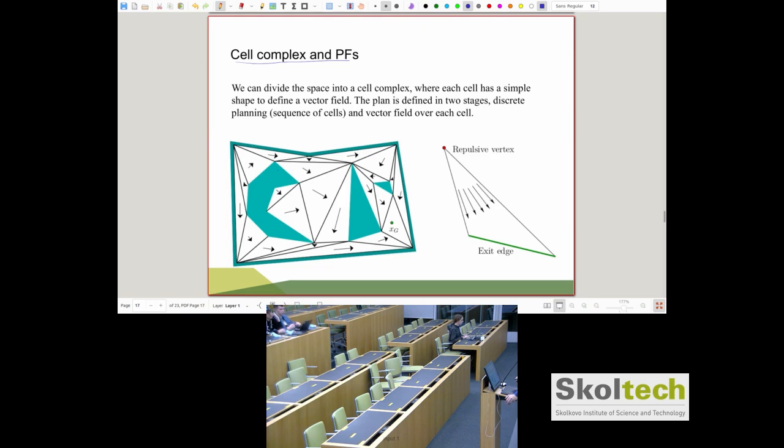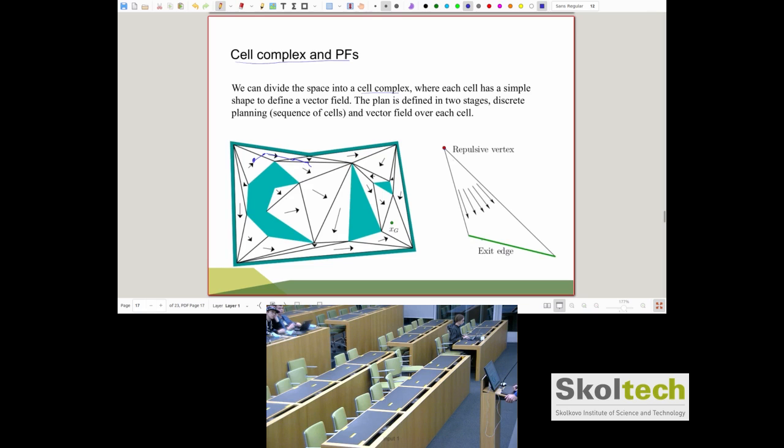This is just a very popular technique a long time ago, that what people were doing is you have a complex cell. Inside this cell, you just run your potential field. Doesn't matter, right? You know for sure you have guarantees that from any point in the cell, you are going to reach the edge. And then the problem is basically how to connect these edges, how to connect these cells such that you get to the final position.